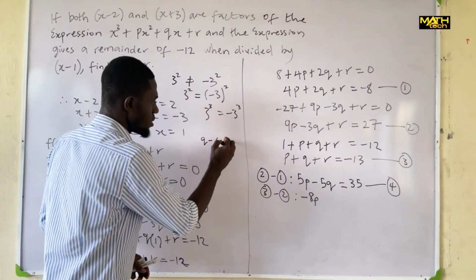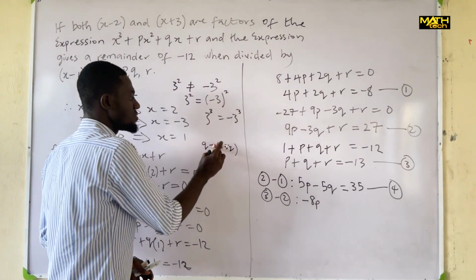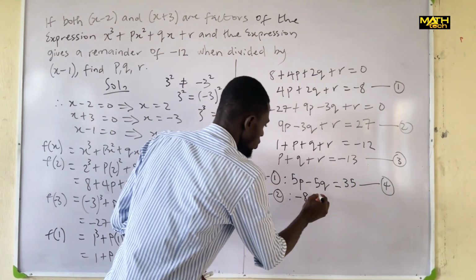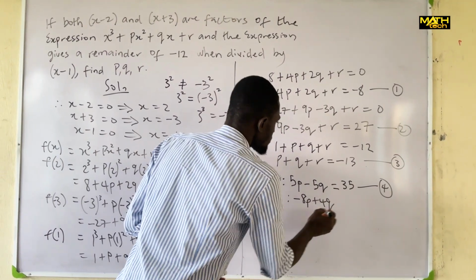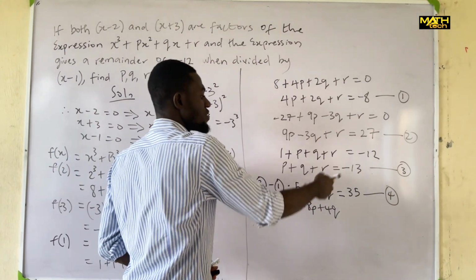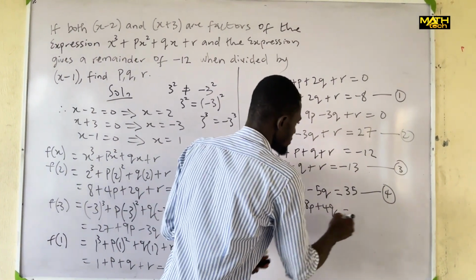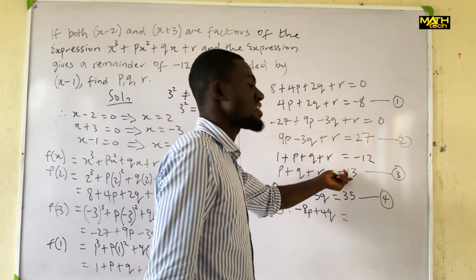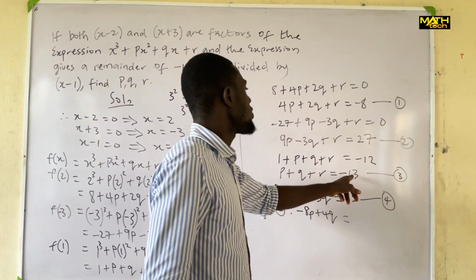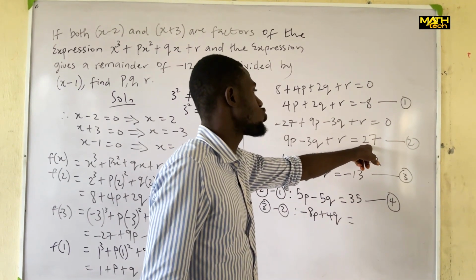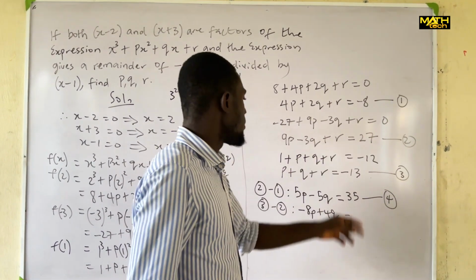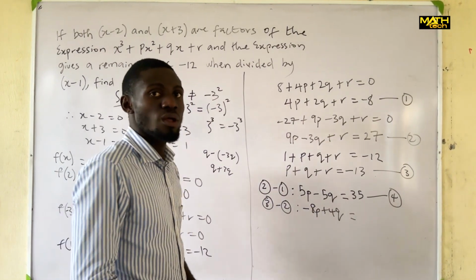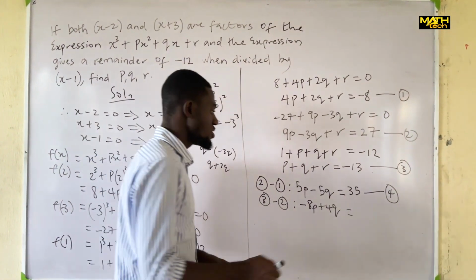This time this gives us plus, and we have q plus 3q. And this will be what? Plus 4q. Minus r minus r gives us 0. So we equate. And here we are having minus 13 minus 27. Minus 13 minus 27 will give us what? Minus 40.